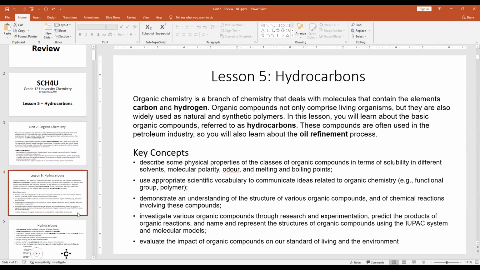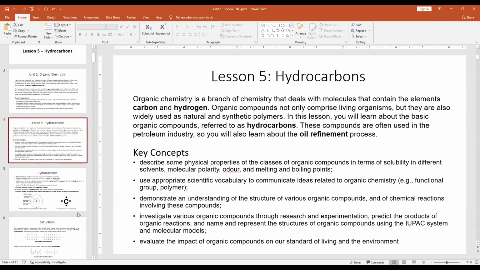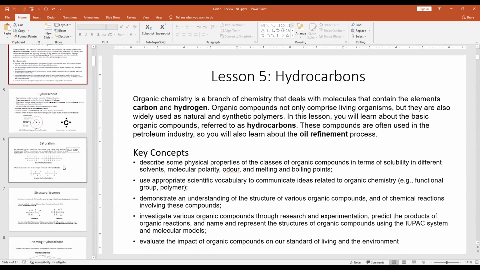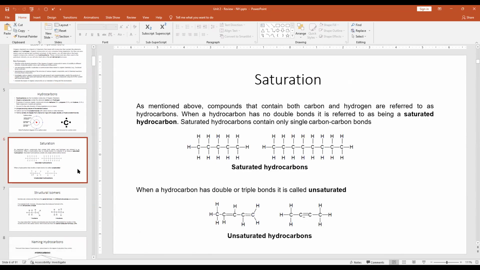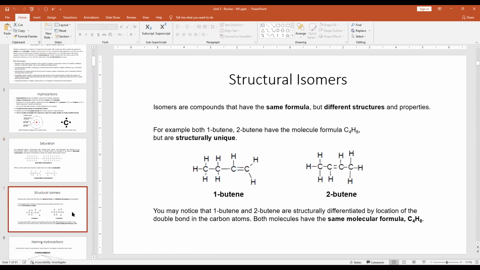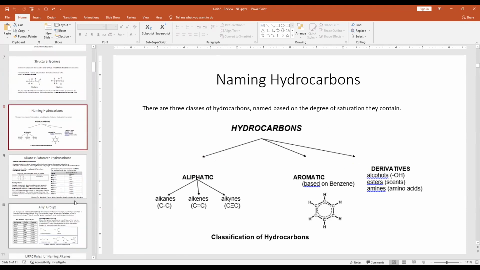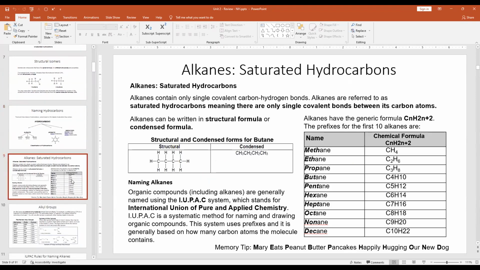Our first lesson of the unit, lesson 5, was about hydrocarbons. We talked about saturated hydrocarbons and unsaturated hydrocarbons. We talked about the idea of structural isomers. We reviewed naming of hydrocarbons, naming of alkanes.